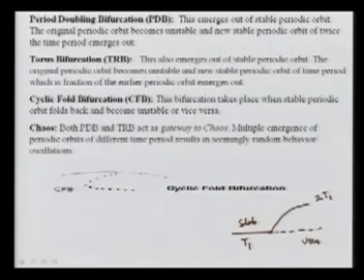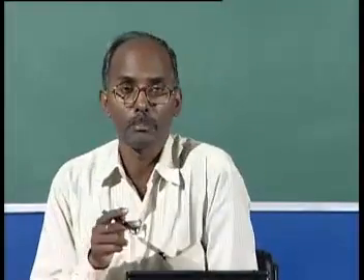Now the torus bifurcation also emerges out of a stable periodic orbit. The original periodic orbit becomes unstable, and a new stable periodic orbit, whose time period is a fraction of the earlier periodic orbit, emerges. So in the torus and the period doubling, here the period is doubled.